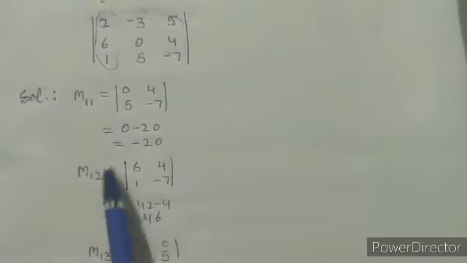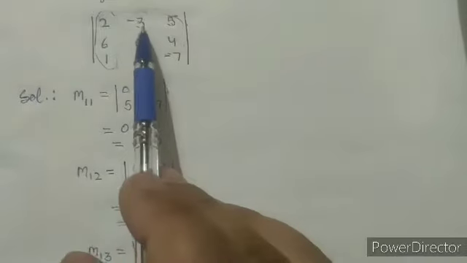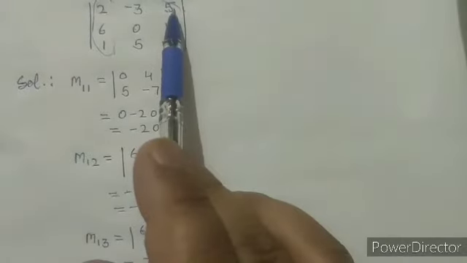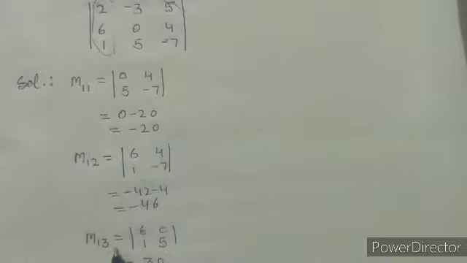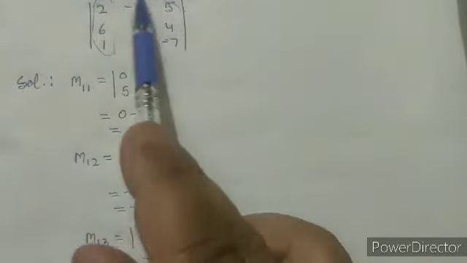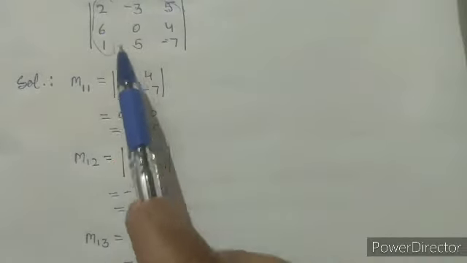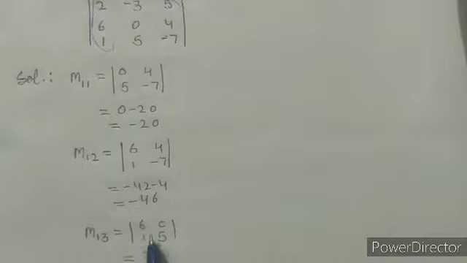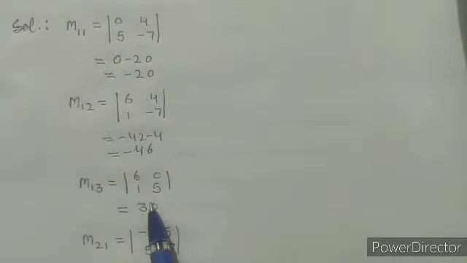So that is minor M12. Similarly, minor of 5. So 5 is of row 1 and column 3. So that will be M13. Now on eliminating its row and column, we will get determinant of 6, 0, 1, 5, and that is giving us equal to 30.